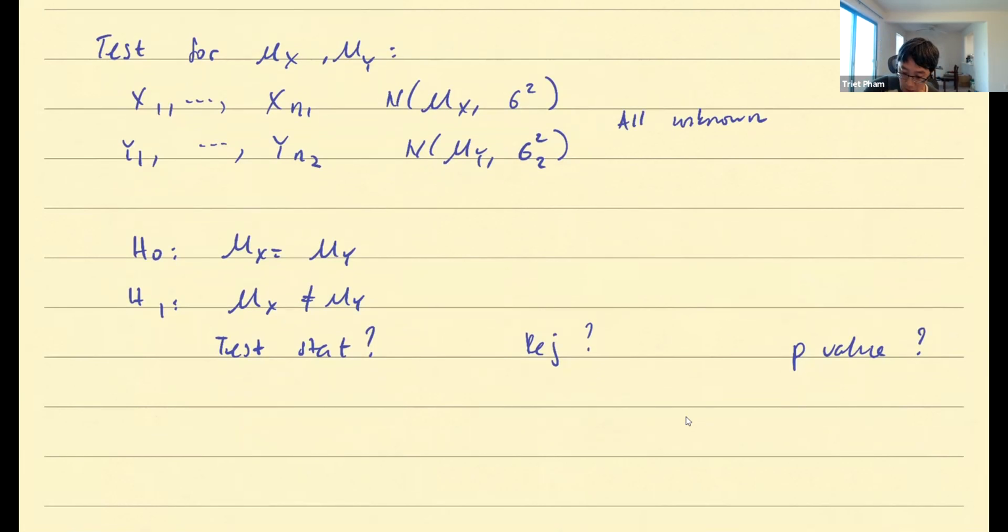Because they're unknown, we only do the case where they're the same, for obvious reasons. Go back to the confidence interval and see the discussion there.